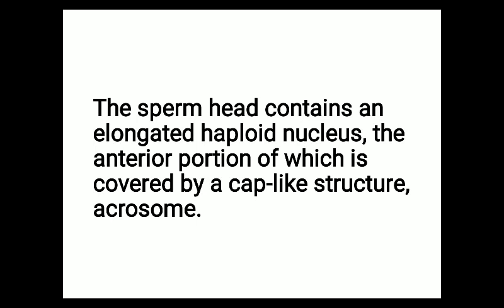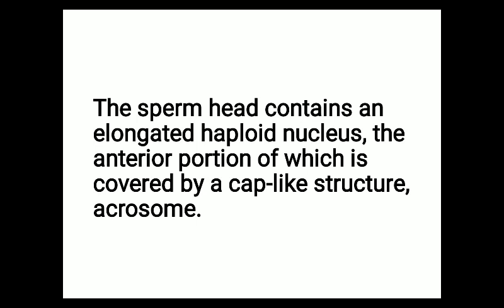And there are two different categories of sperms produced by the human male. Human males are heterogamete, so they produce two different types of sperm. 50% of the gametes will possess the X chromosome, and the remaining 50% of the sperms will possess the Y chromosome.